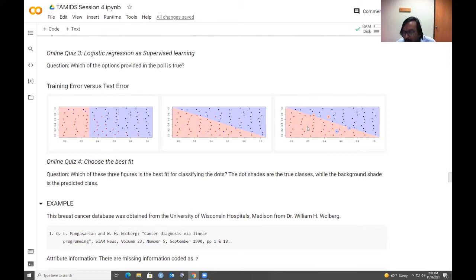I'm going to wait for 1 more minute and then I'm going to end this poll. So try to think about extracting the overall pattern and not worry about the individual idiosyncrasies.